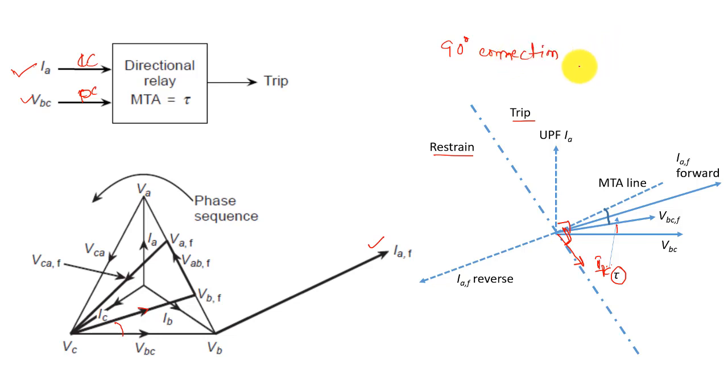This connection is based on the voltage and current position before the fault occurs. Before the fault, the position of UPF IA is this and VBC is this, that is, VBC makes an angle of 90 degree lagging to IA. So this connection is known as 90 degree connection.